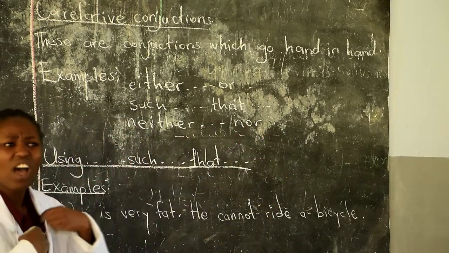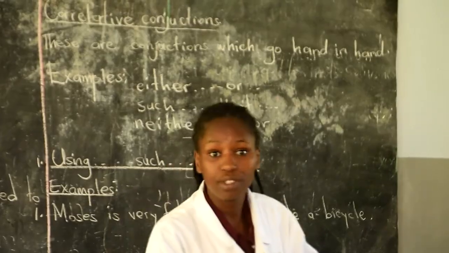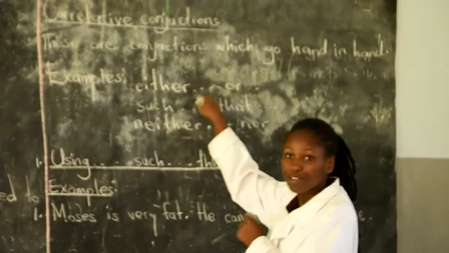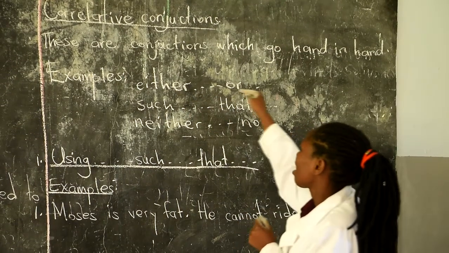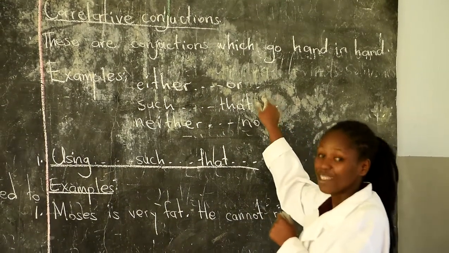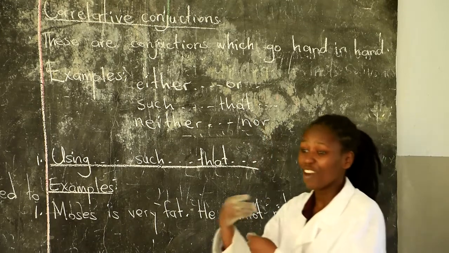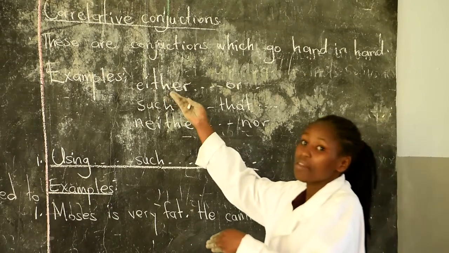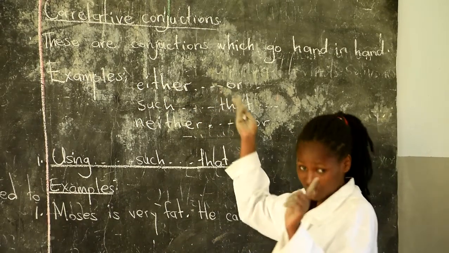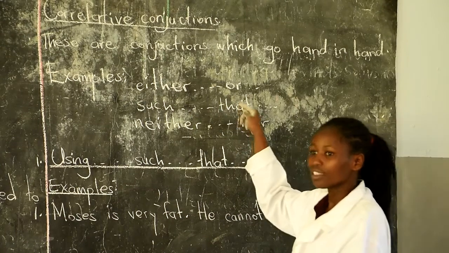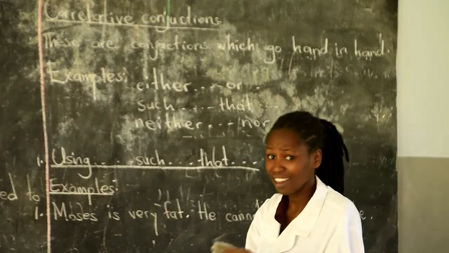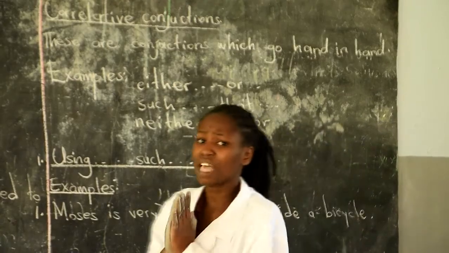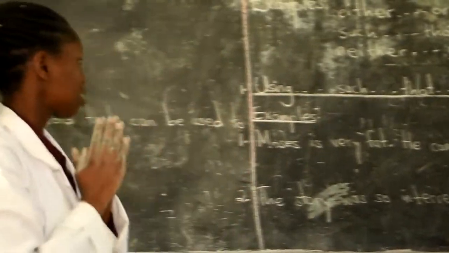There are so many examples, but let us concentrate on these few we have written. Either, or. This is what they mean when they say they go hand in hand. You can't only use either and leave or aside. No. Such, that, they go hand in hand. Neither, nor. Those are some of the examples, just as you can see them on the chalkboard there.